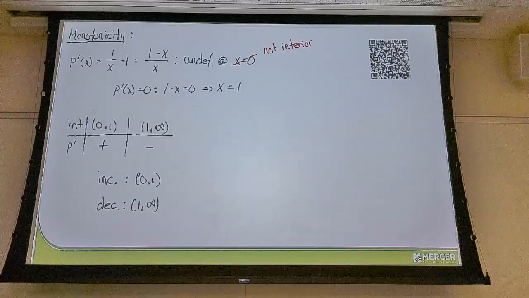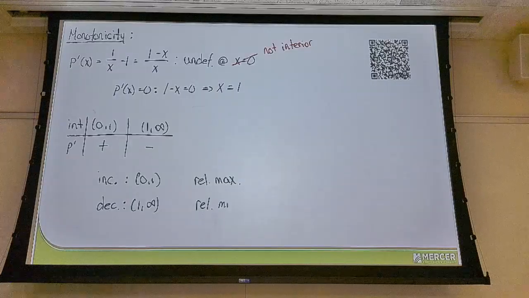Do we have extrema? Yes. Which one? And how many? Maximum? Oh, the maximum is at 1. So no relative min? Yeah, no. Where's the relative max?